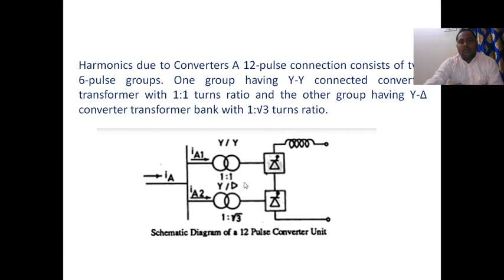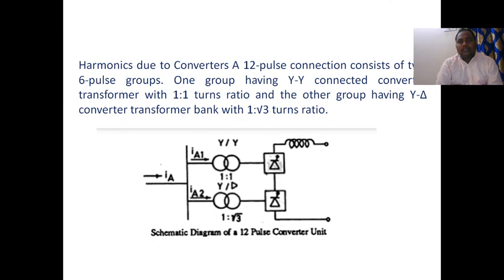More harmonics are present in an HVDC system compared to an EHV AC system. In an EHV AC system only AC power will be present, but in an HVDC system both AC and DC power are present in the system. So the cost of increasing the pulse number is a very important phenomenon. Why do we increase the pulse number? What is the necessity to increase the pulse number?